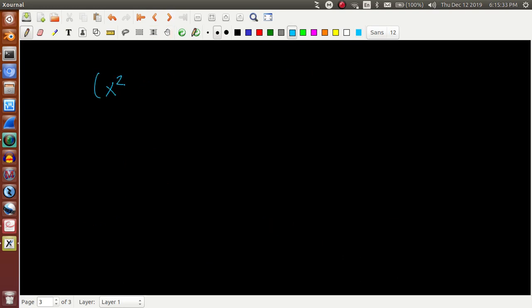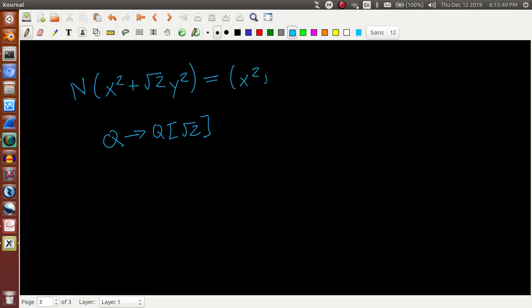Let's take x squared plus the square root of 2 y squared, and we want the norm of this, and the norm is always relative to some extension. So the extension here is Q to this number field. This norm is going to be this.